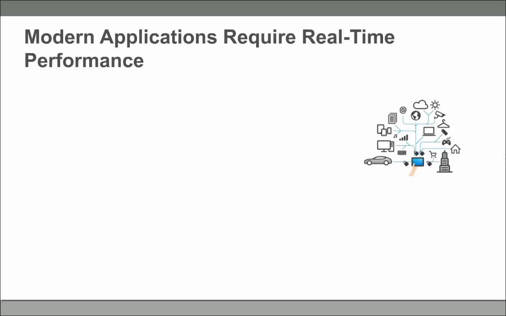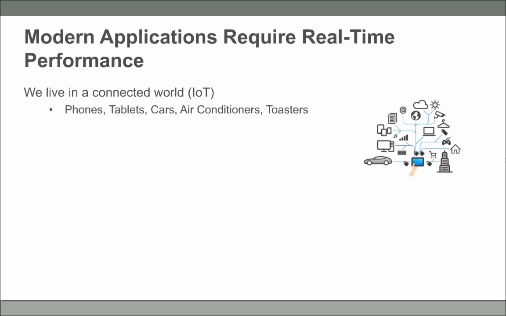So before we talk about ElastiCache, just a few words about the evolution of modern applications. With the proliferation of mobile applications and connected devices, we see that people interact differently with applications.